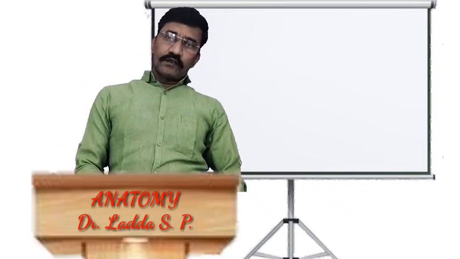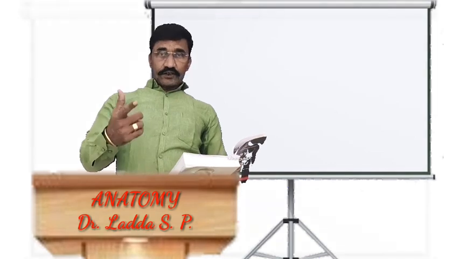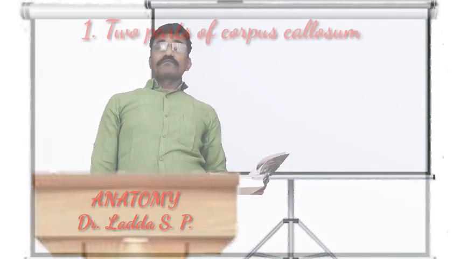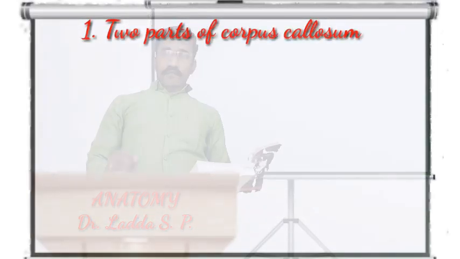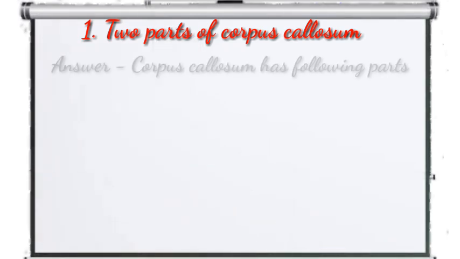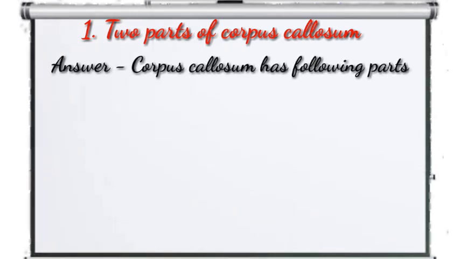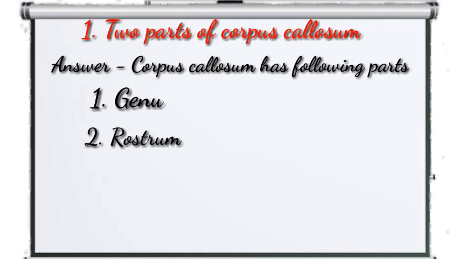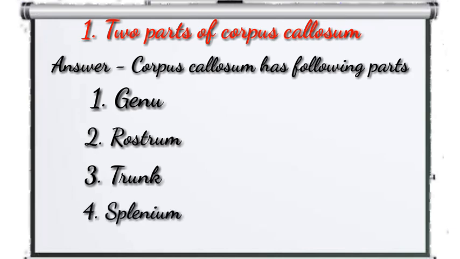So with the corpus callosum, your question is 2 parts of corpus callosum, and your answer is the parts of corpus callosum are: number 1, genu; number 2, rostrum; number 3, trunk; and number 4, splenium. So these are the 4 parts of the corpus callosum: rostrum, genu, trunk, and splenium.